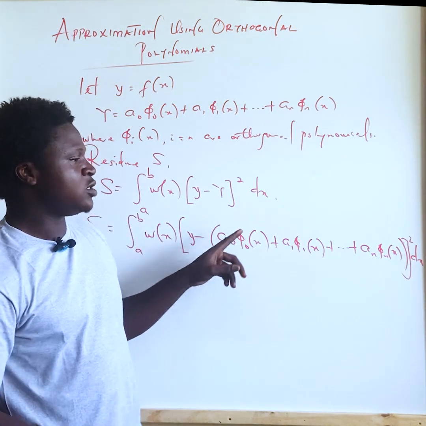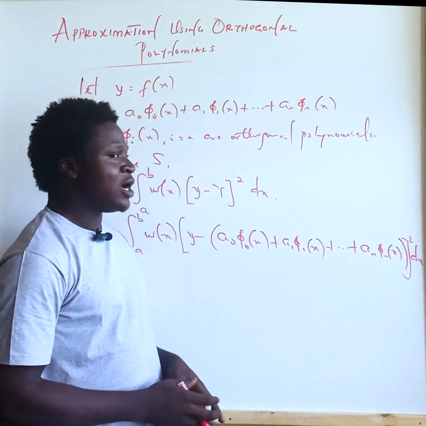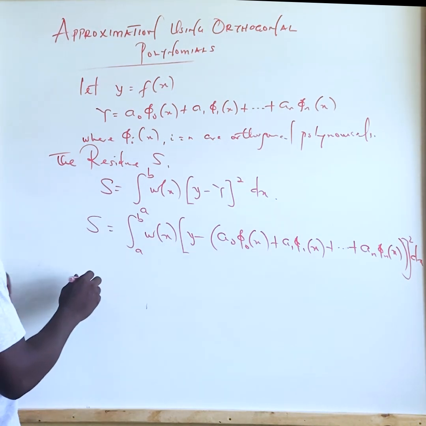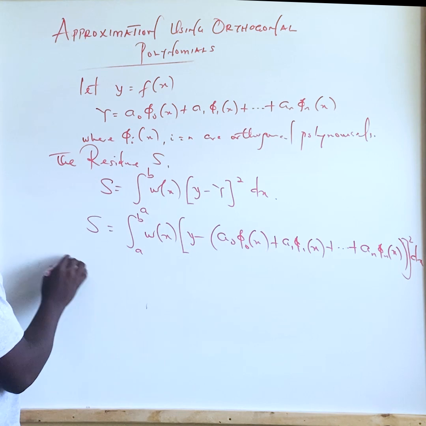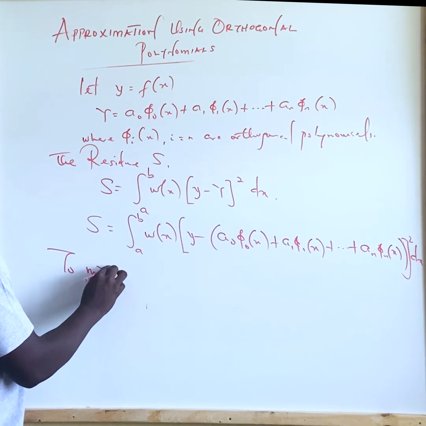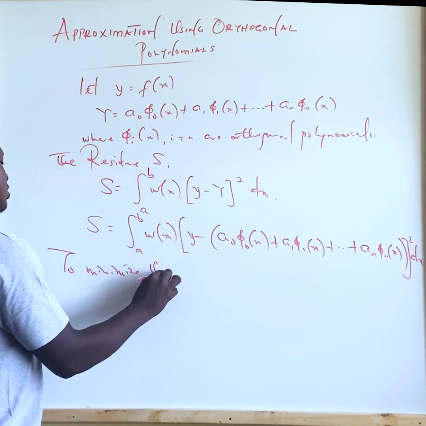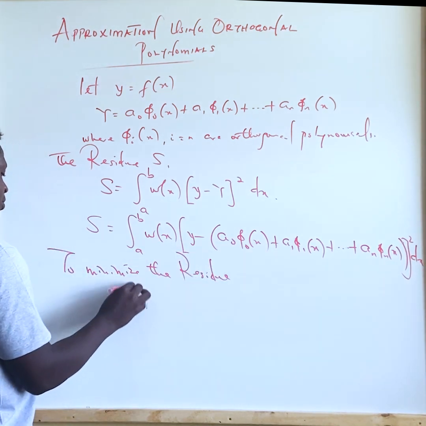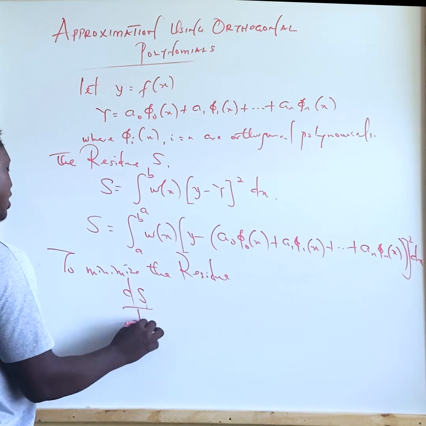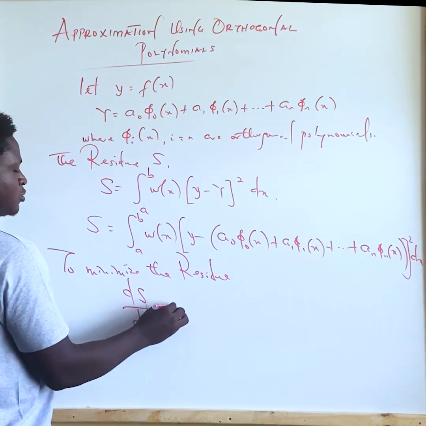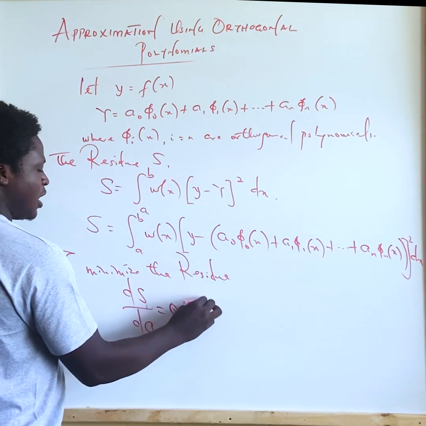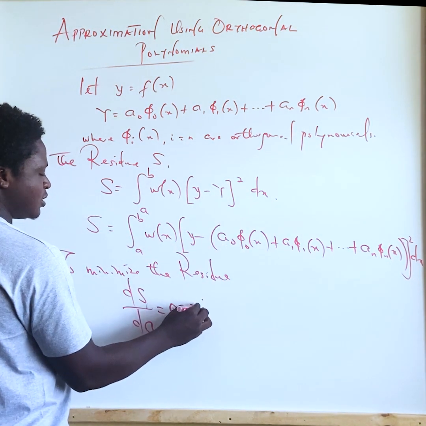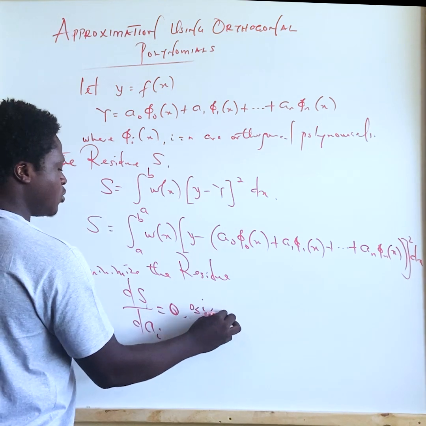Of course, a naught, a1, a2, up to an are constants to be determined. So we want to get that thing that minimizes the residue. To minimize this residue, we say a particular ds by d ai should be equal to 0, where i is a number between 0 and n, so where 0 is less than or equal to i, less than or equal to n.